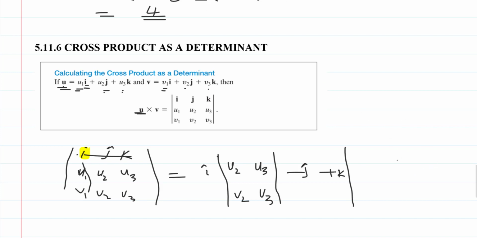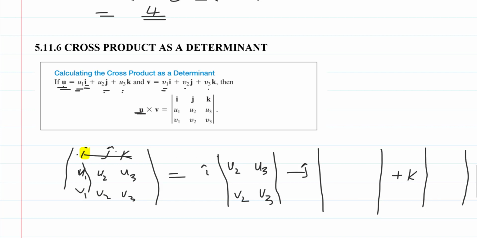So for the j, if we cancel out the j row and column, we remain with u1, u3, v1, v3.